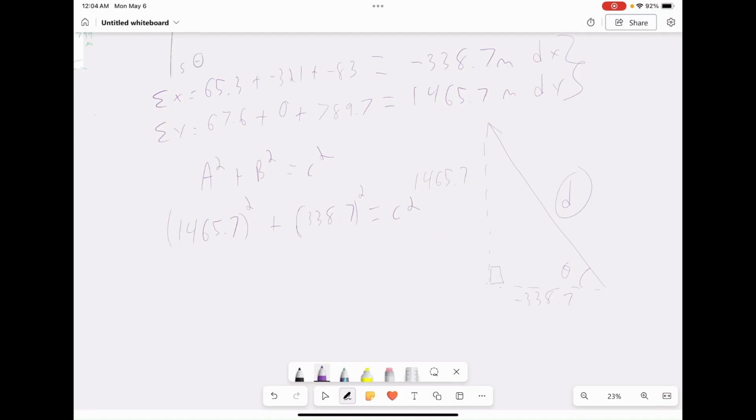All right, so 1465.7 squared is really big. 2,148,276.5 plus 338.7 squared is 114,717.7.